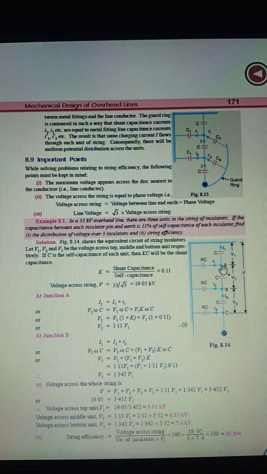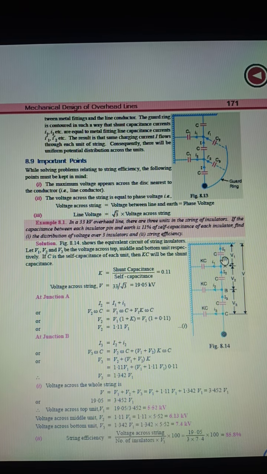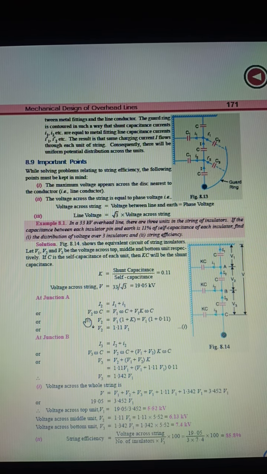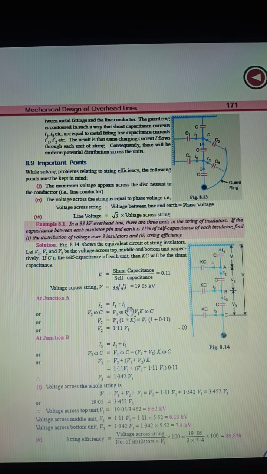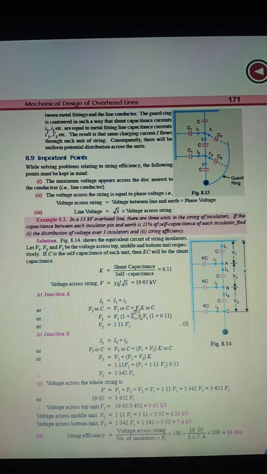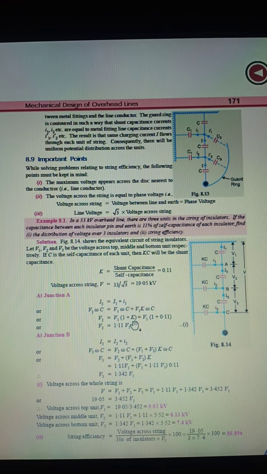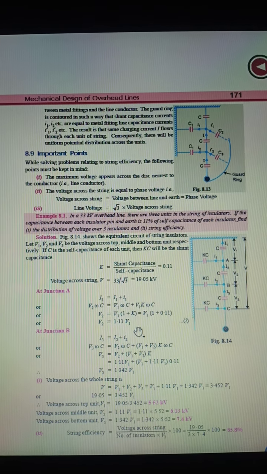At junction A, I2 equals capital I1 plus small I1. We know that V2 omega C equals V1 omega C plus V1 K omega C. Omega C cancels out on each side, and putting the value of K, V2 equals 1.11 V1.